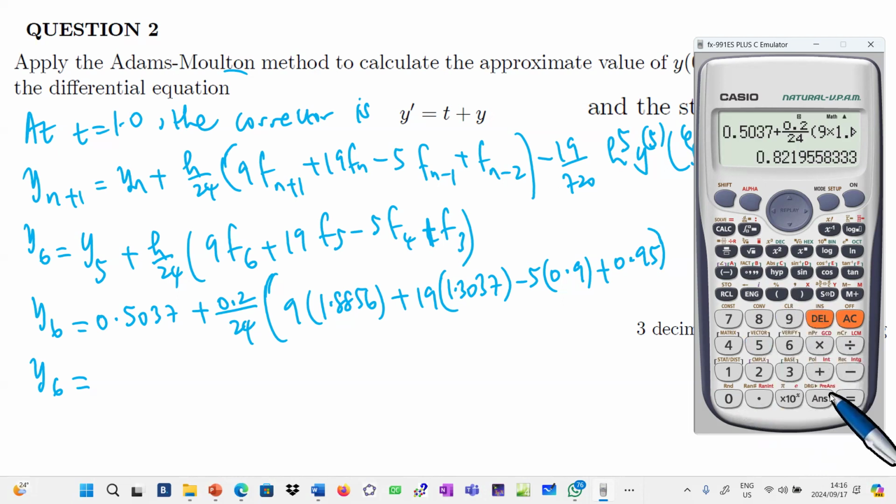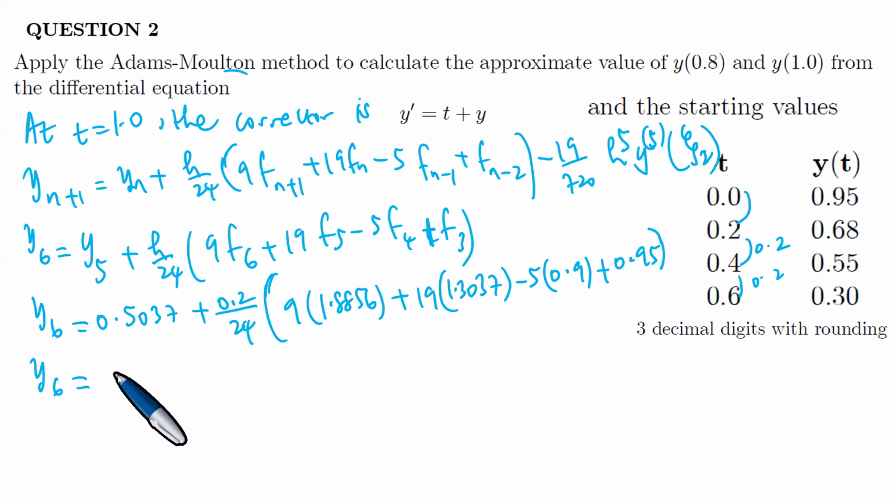Okay, let's check this one. That gives 0.822.